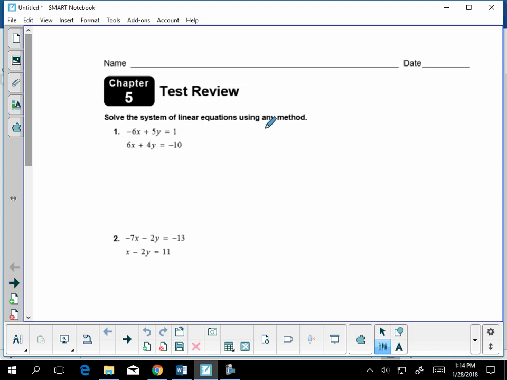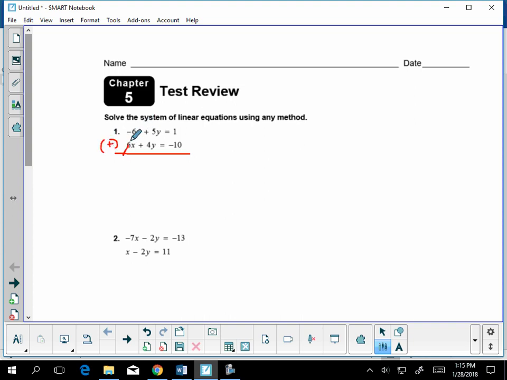So, on the first one, we can solve the set of linear equations using any method. Well, what I notice right away is I have a negative 6x and a positive 6x. Those are opposite coefficients. So I'm going to just go ahead and add those two equations together.